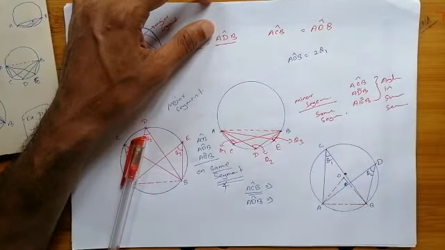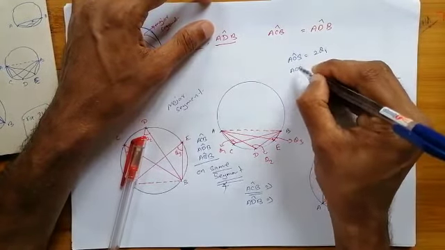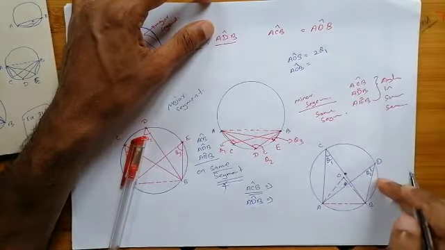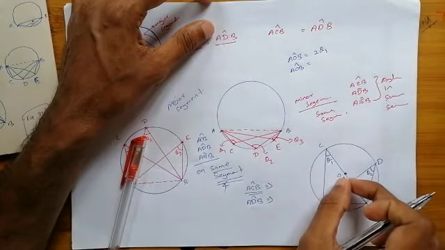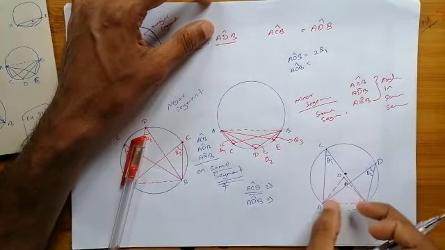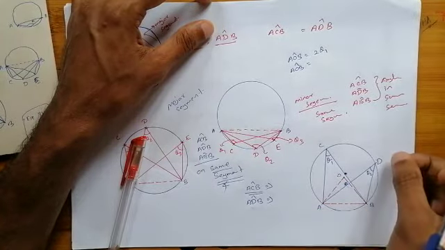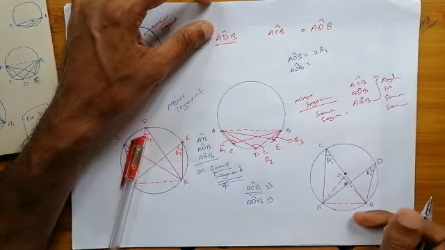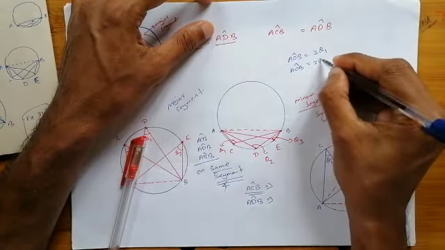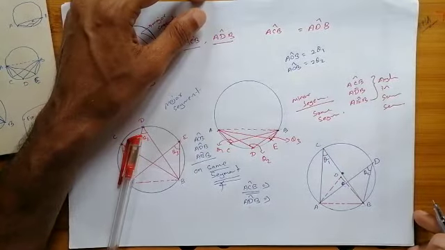So it's double. What about AOB considering theta 2? Arc AB subtends angle AOB at the center, and at D it subtends theta 2. So the relation between theta 2 and AOB is that AOB is double theta 2.